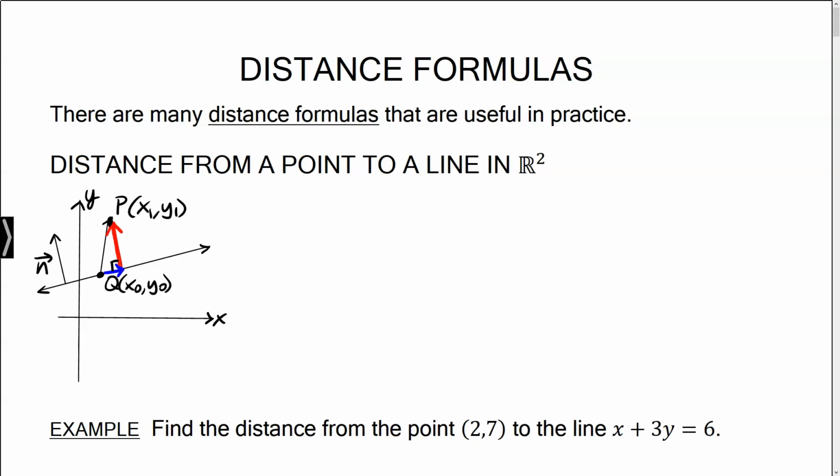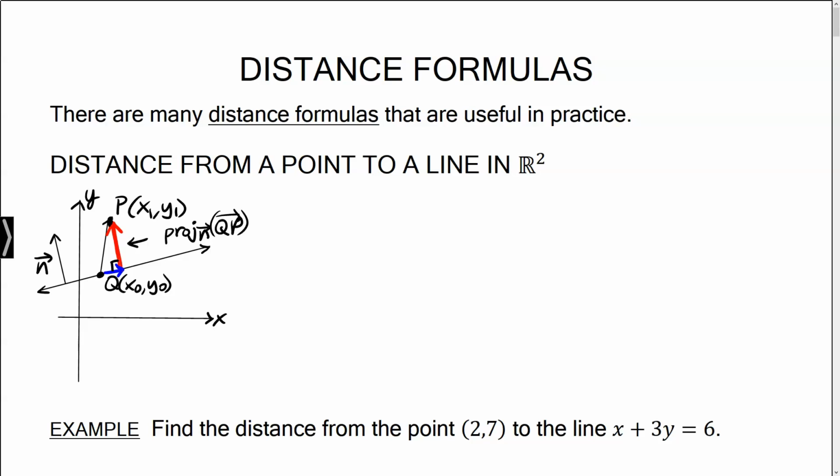And this red piece here is the one that we want to find the length of. So this is the projection of the vector QP onto this normal n. Alright, so we want the length of that.